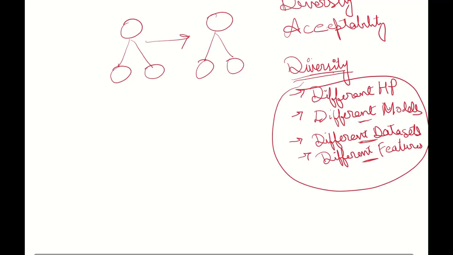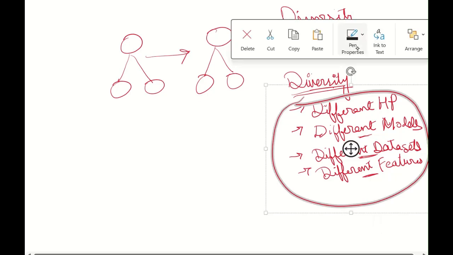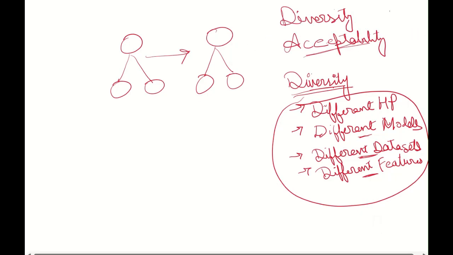And again, in boosting, there are other concepts that are involved. But before we go into that, let's see what acceptability is. Acceptability ensures that whatever model you're building is somewhat better than a randomized model, better than any random predictions.